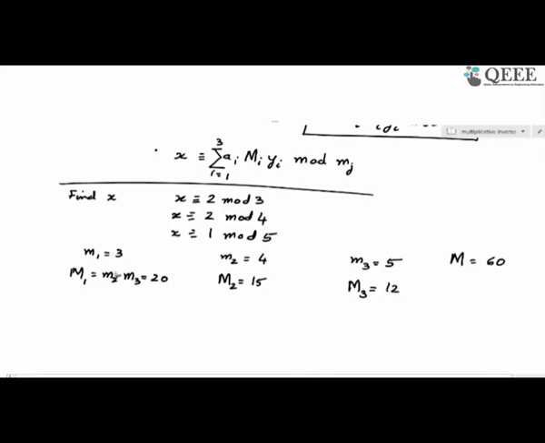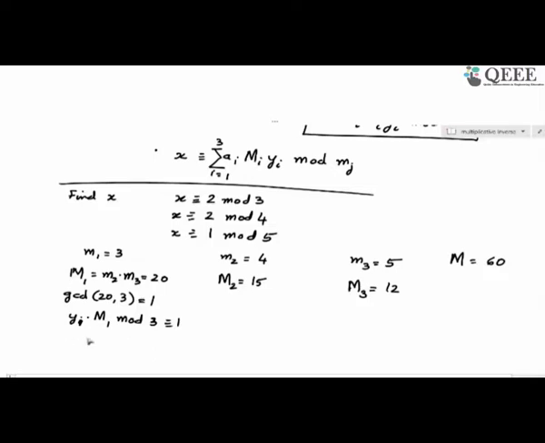Now as we've seen before, GCD of 20 and 3 is 1, and therefore we are able to find an inverse of 20 modulo 3. So we are searching for this y1 which, when multiplied by M1 mod 3, should give me 1, where M1 is 20.